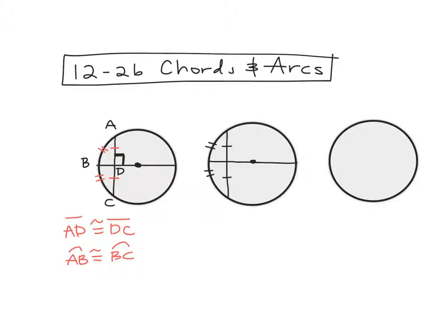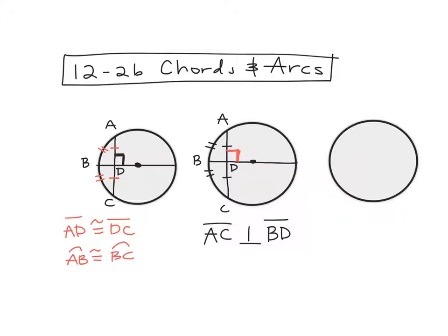So the black is given to us. Then we know that this has to be perpendicular. Okay, so the red is what we know because they told us the black stuff was true. So if we label it all again, A, B, C, and D, we would say that AC is perpendicular to BD because of the markings in black. Okay? So that's the second one.